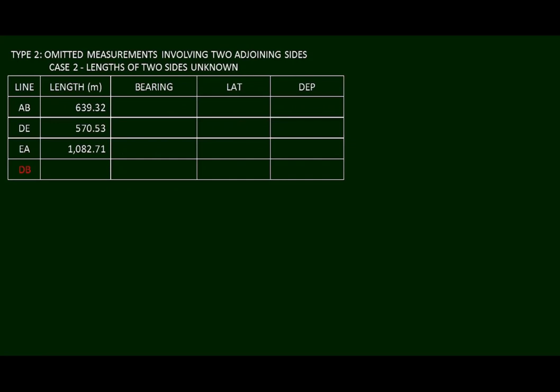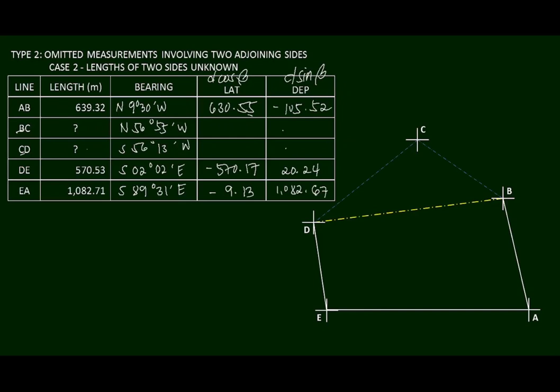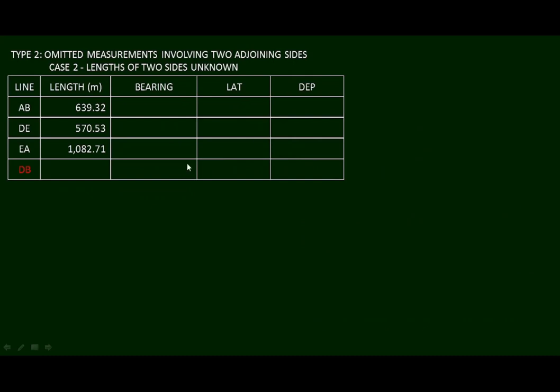So, na-solve natin kanina yung latitude ni AB, DE, tsaka EA, tsaka departure niya. Isulat ko lang siya ulit dito. I was not able to type it. So, ang bearing ni AB is north 9 degrees 30 minutes west.